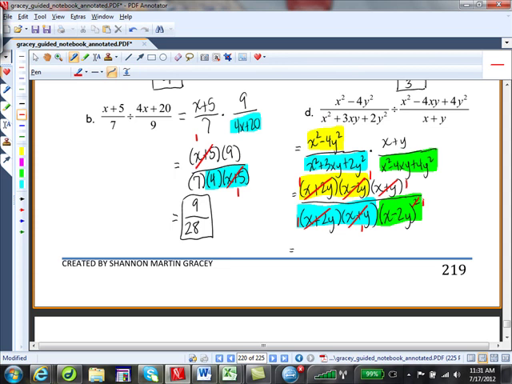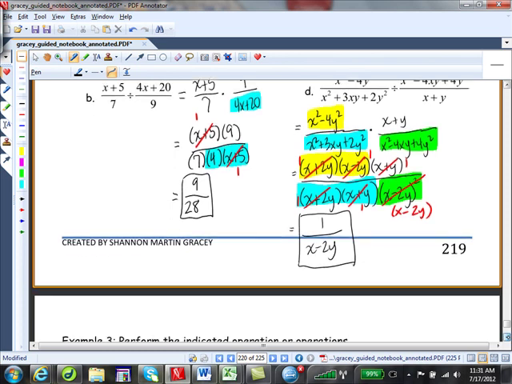Actually, let me do that a little differently. This will be left with an x minus 2y, one factor of it. So at the end of the day, 1 times 1 times 1 is 1 over 1 times x minus 2y is x minus 2y, and we're all done with that guy. How'd you do? Did you get that one right? Awesome. All right. Now here we go.